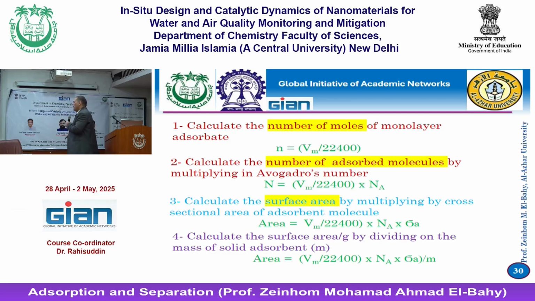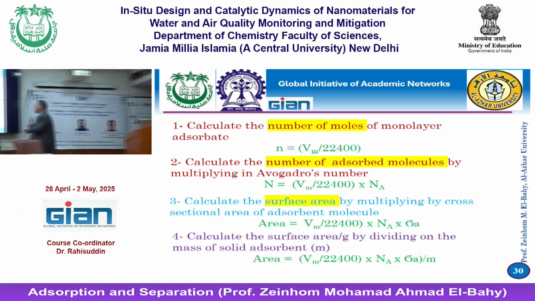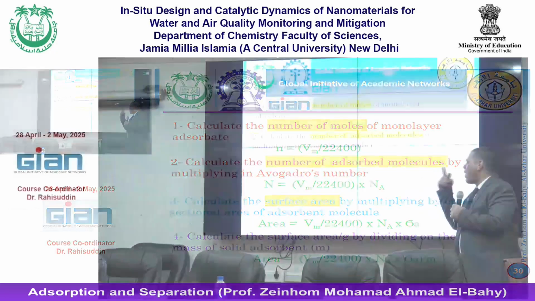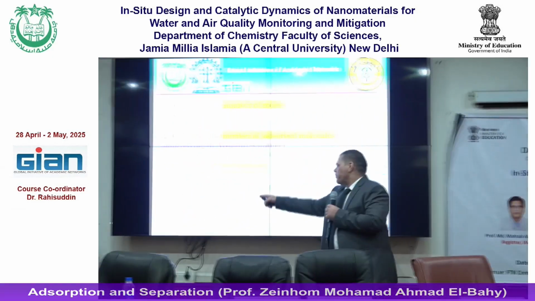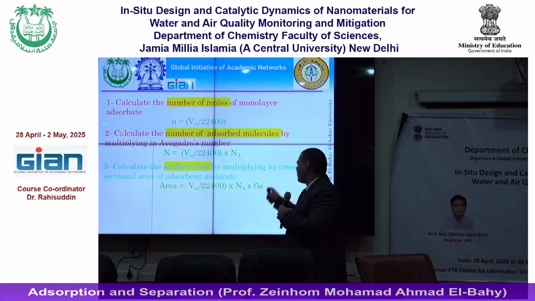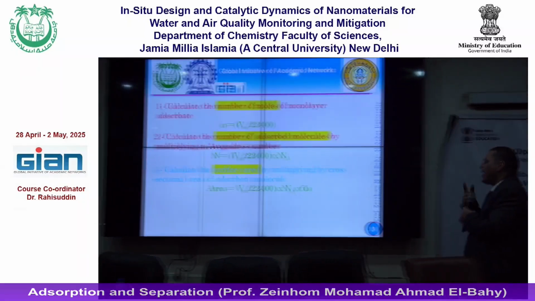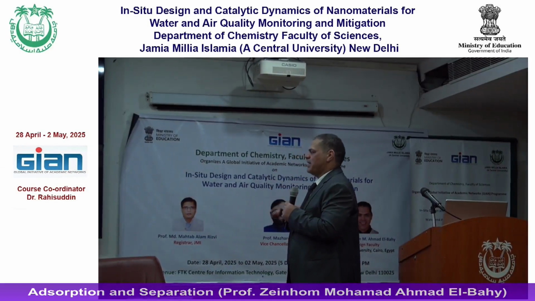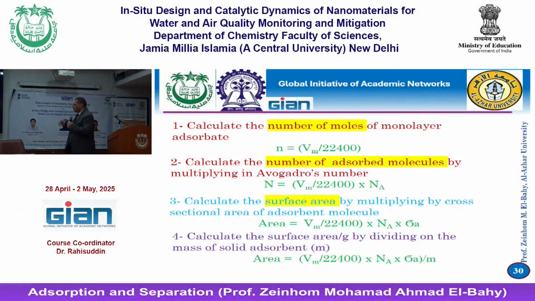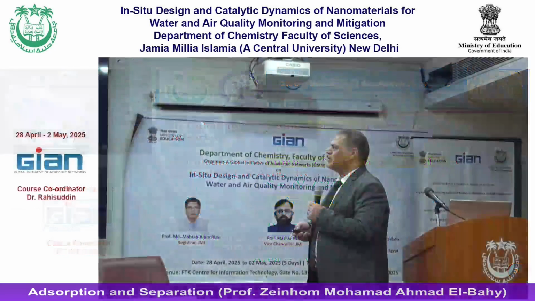If we multiply by sigma, the area of one molecule, we get the surface area of all the material. Then if we divide by its weight, we get the specific surface area, meaning for 1 gram.